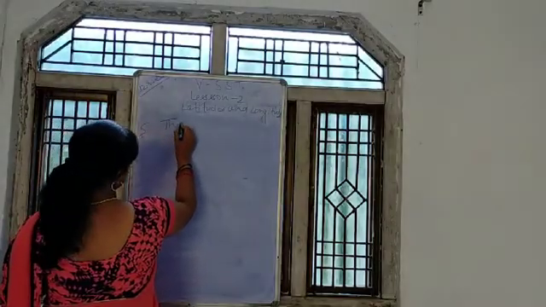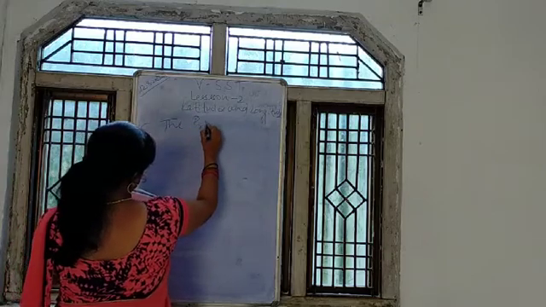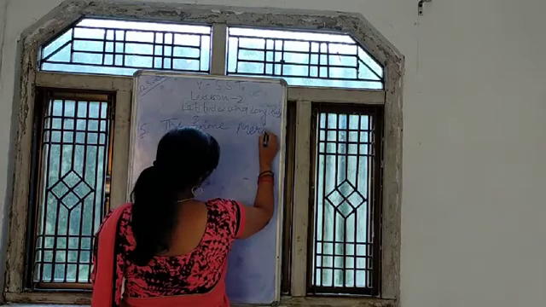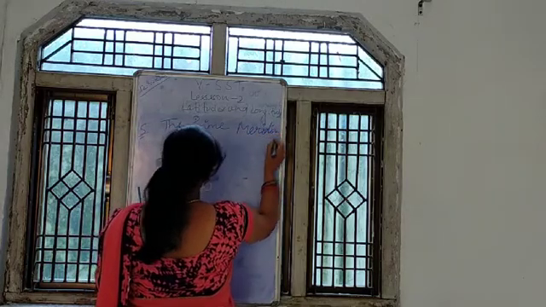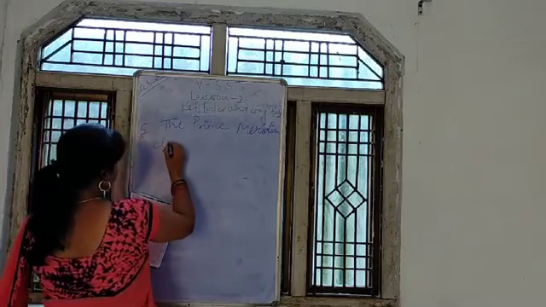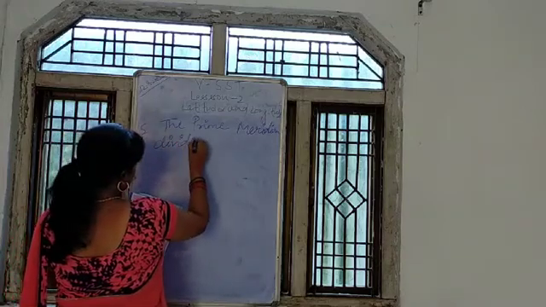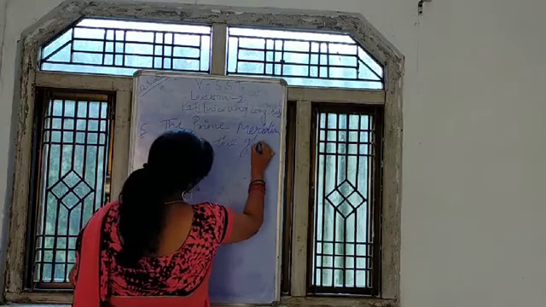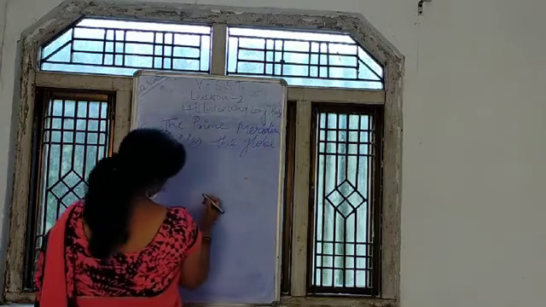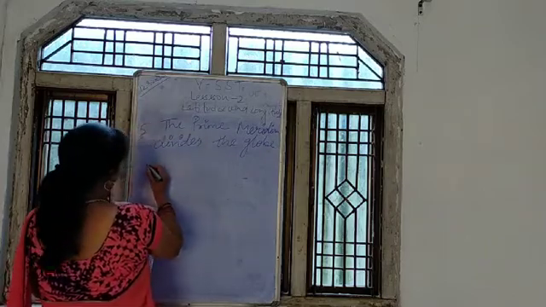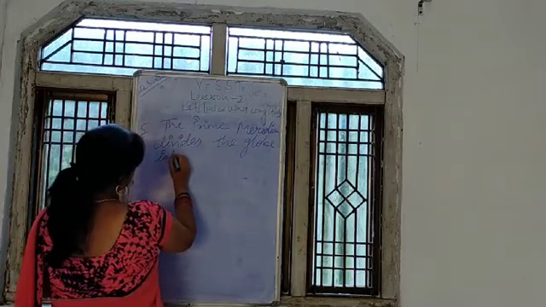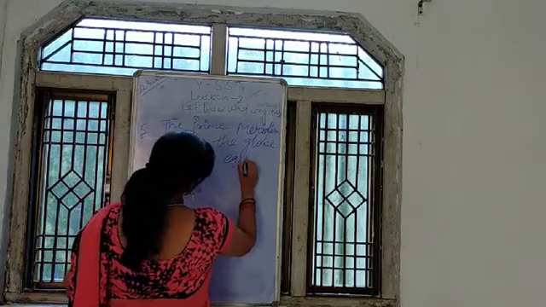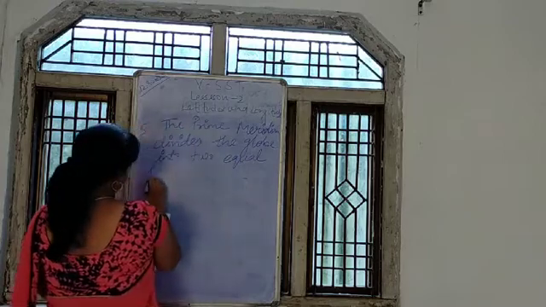So the prime meridian divides the globe. It's an imaginary line, no? The prime meridian divides the globe into 2 equal halves.